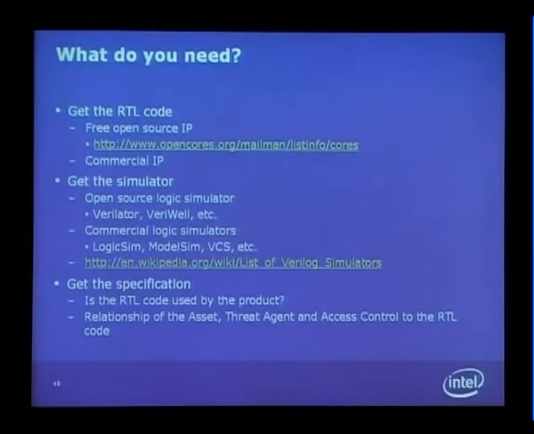And the other thing we want to get is a specification. Let's say you want to run pen testing on the RTL code. Most of the time, the RTL code is so small in the whole system that you need to understand where this piece of RTL code is used in the product. You may want to check how it relates to the asset, how it relates to an attacker, and what the access controls are that you can change.